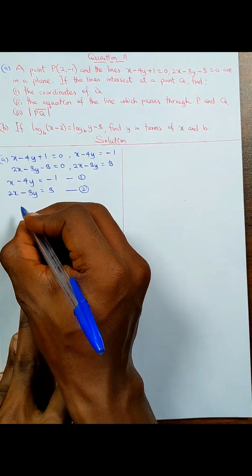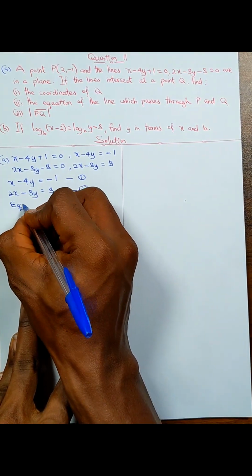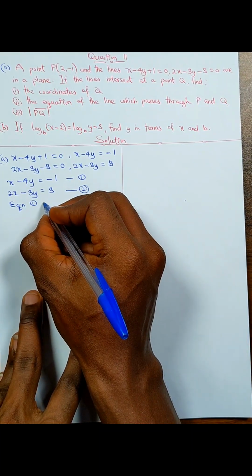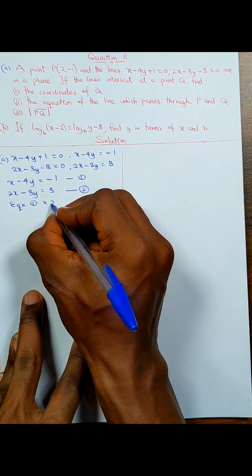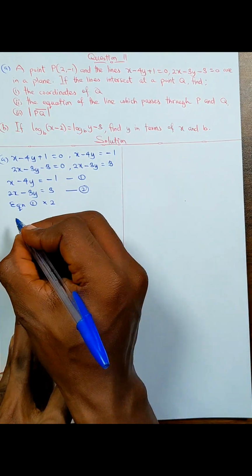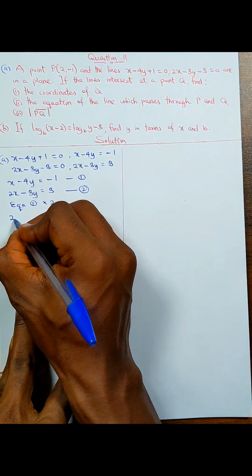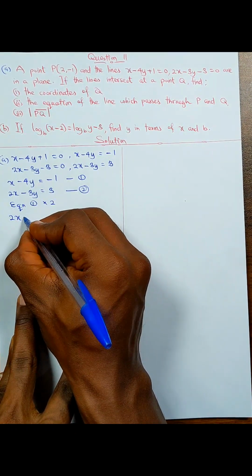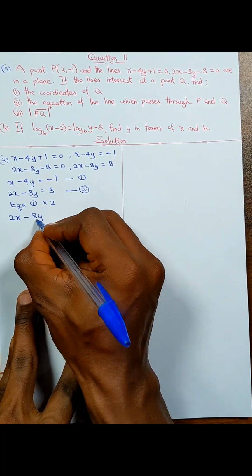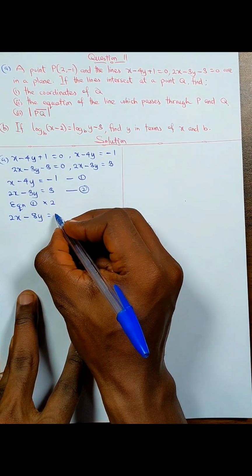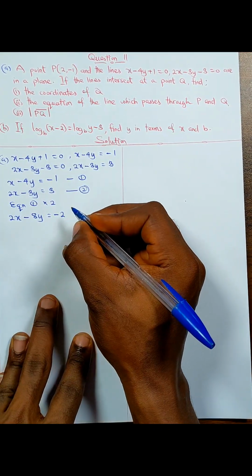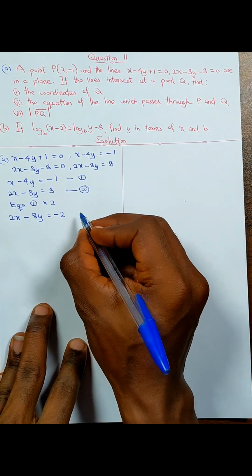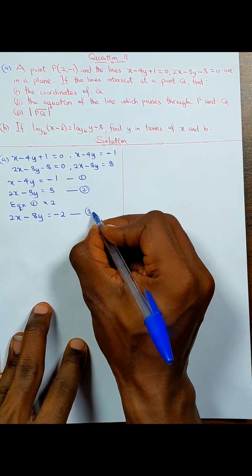So equation 1 times 2: 2 times x gives us 2x, 2 times -4y gives us -8y, 2 times -1 gives us -2. So this is still equation 1, but it has been multiplied. So I will just call it equation 3.